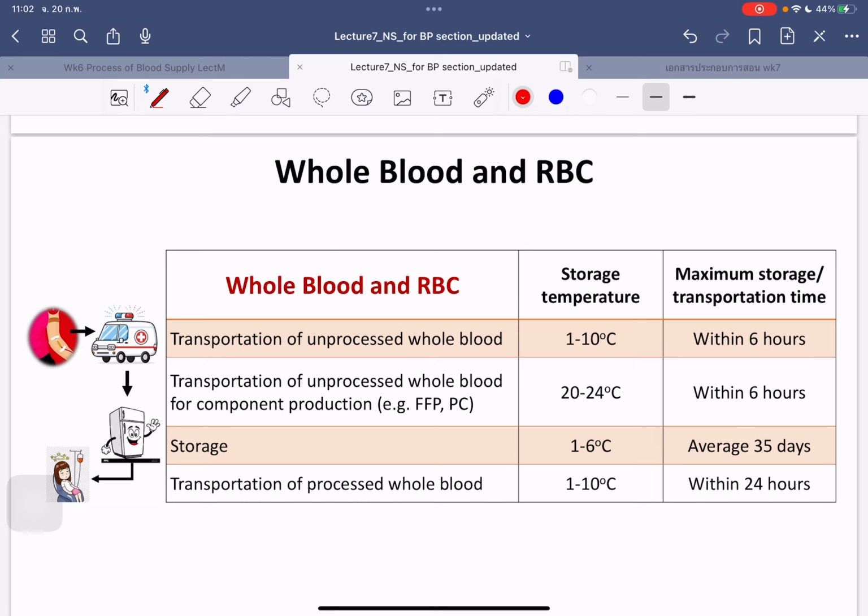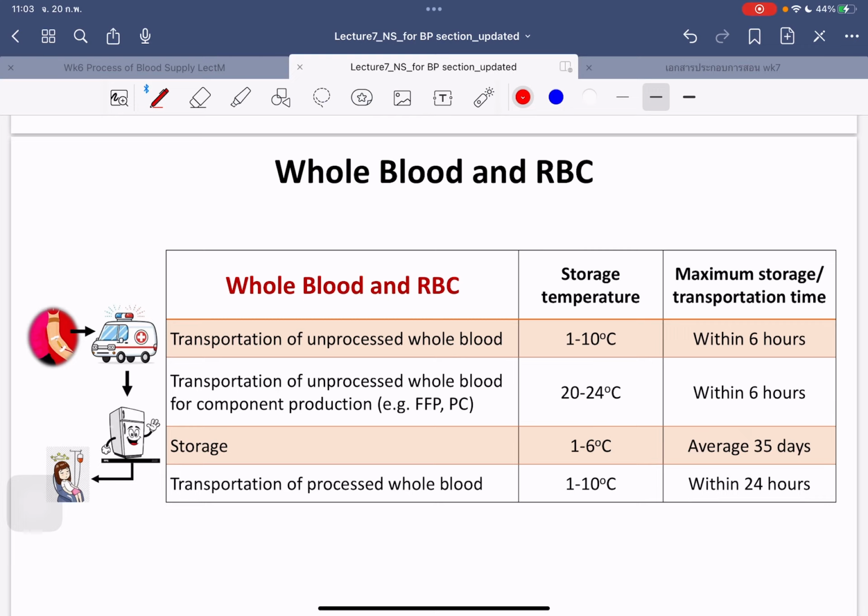The storage of whole blood and red blood cells should be at 1 to 6 degrees Celsius for 25 days for CPDA-1. When you transport from our lab storage to the patient, it should be at 1 to 10 degrees Celsius and within 24 hours.